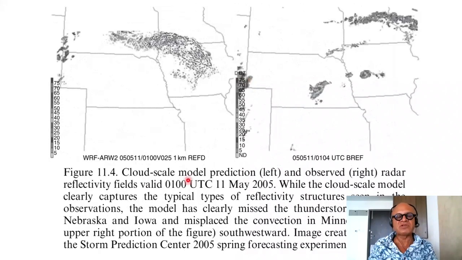So another example is the cloud scale model prediction here, and observed radar reflectivity fields valid for 0100 universal time 11th May 2005. While the cloud scale model clearly captures the typical types of reflectivity structures seen in observations, the model has clearly missed the thunderstorms active in Nebraska and Iowa and misplaced the convection in Minnesota in the upper right portion here.